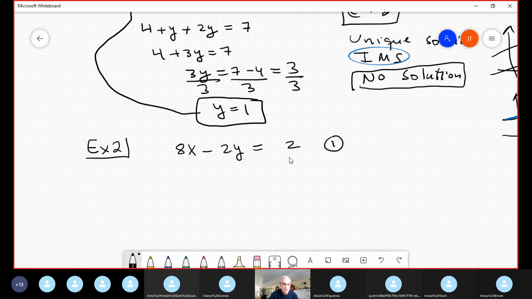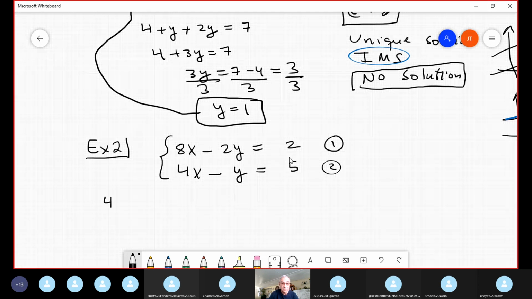Suppose this example: 4x minus y equals 5, equation 2. Okay, this is a system. Normally we use the curly bracket to indicate that this is a system, not one isolated equation. This is the mathematical object that involves two equations. Okay, so I can see, wow, again substitution, because I can see that the coefficient here is -1. So I take advantage. You take equation 2, I copy it again.